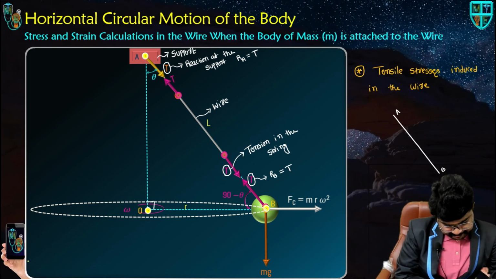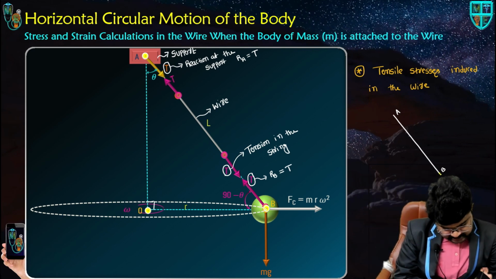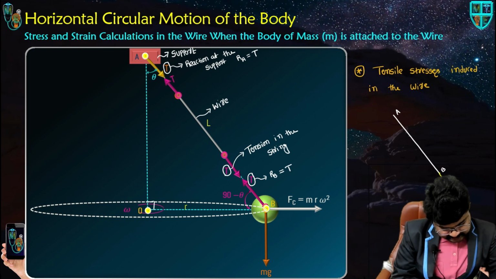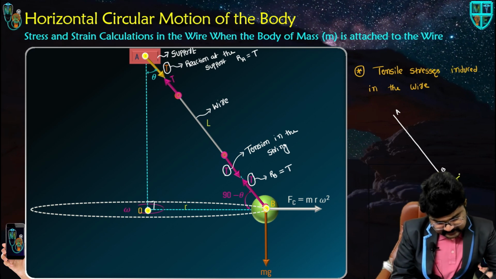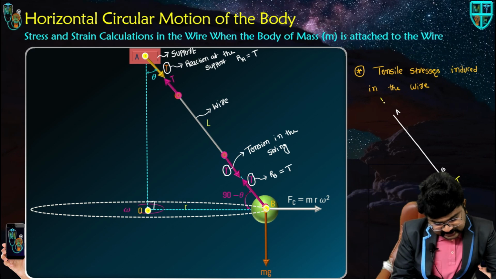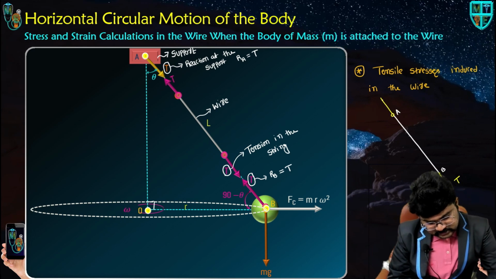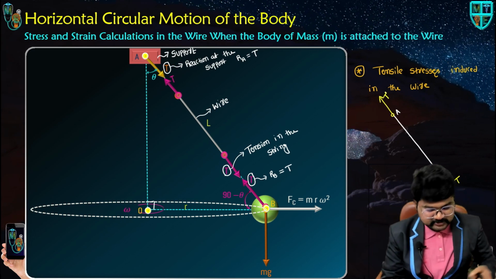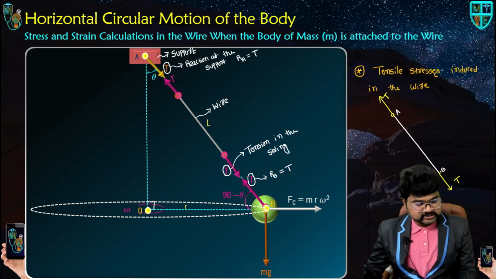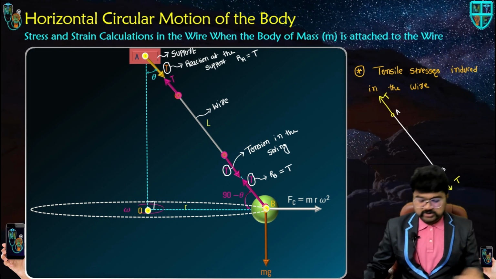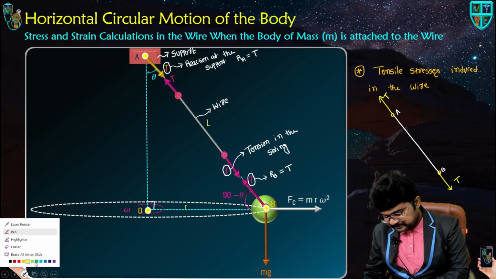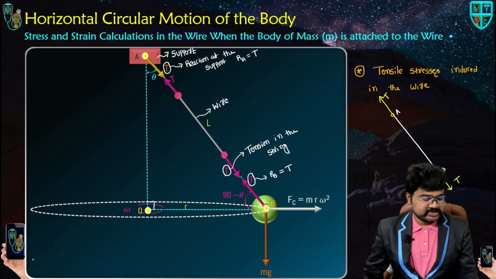Here it would be the tension T. This is the tension T. What kind of stresses are induced in the wire? Sigma AB equal to how much? What is sigma AB? Tension in the string.